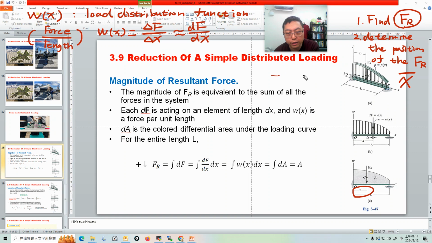So next, when you do a simplification, first find the resultant force. For a distributed loaded system, we have lots of force pointing downward, just like in this graph. For this derivation, we don't use the usual convention, in which pointing down is negative and pointing up is positive.